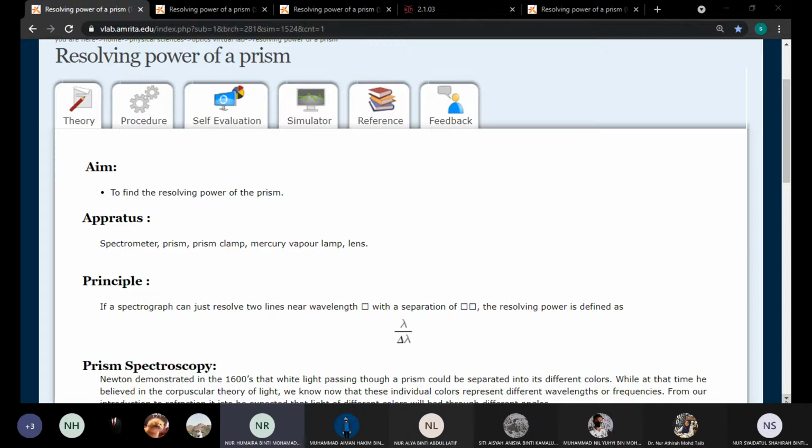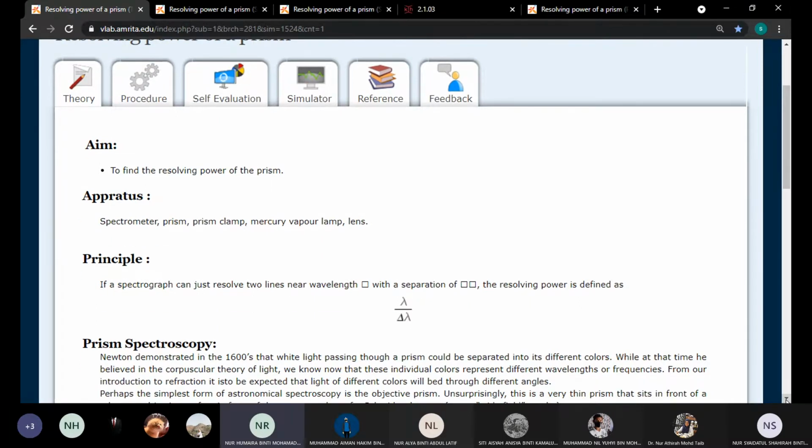We will go through the apparatus during simulation. Then the principle: if a spectrograph can just resolve two lines near wavelength lambda with a separation of delta lambda, the resolving power is defined as lambda over delta lambda.